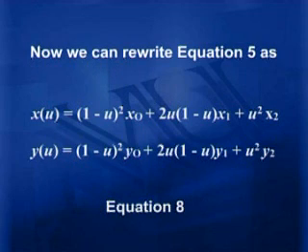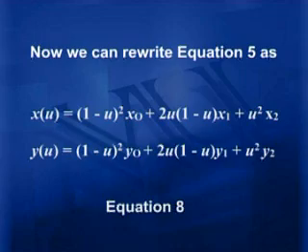Now we can rewrite the equation number 5 as x of u equals 1 minus u whole squared x0 plus 2u times 1 minus u times x1 plus u squared x2, and y of u can be given as 1 minus u whole squared y0 plus 2u times 1 minus u times y1 plus u squared y2.